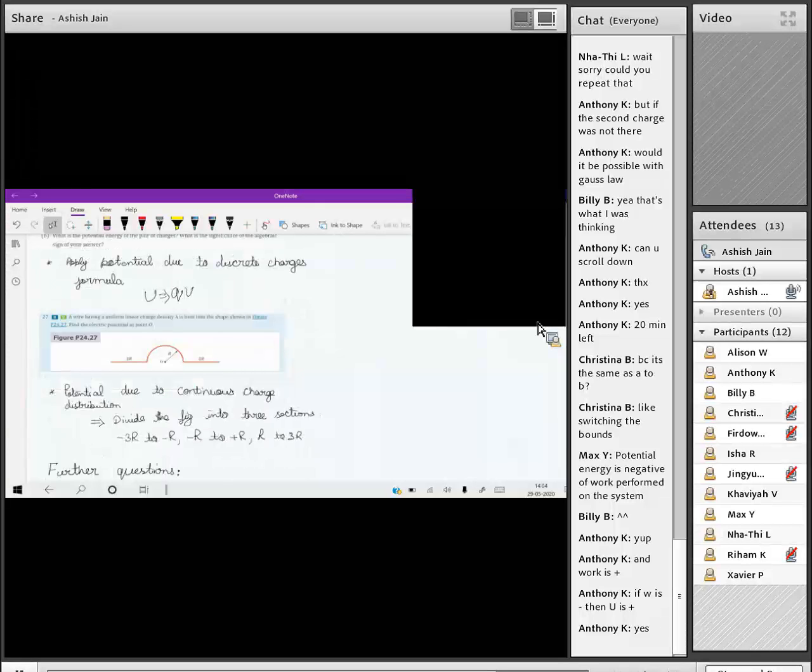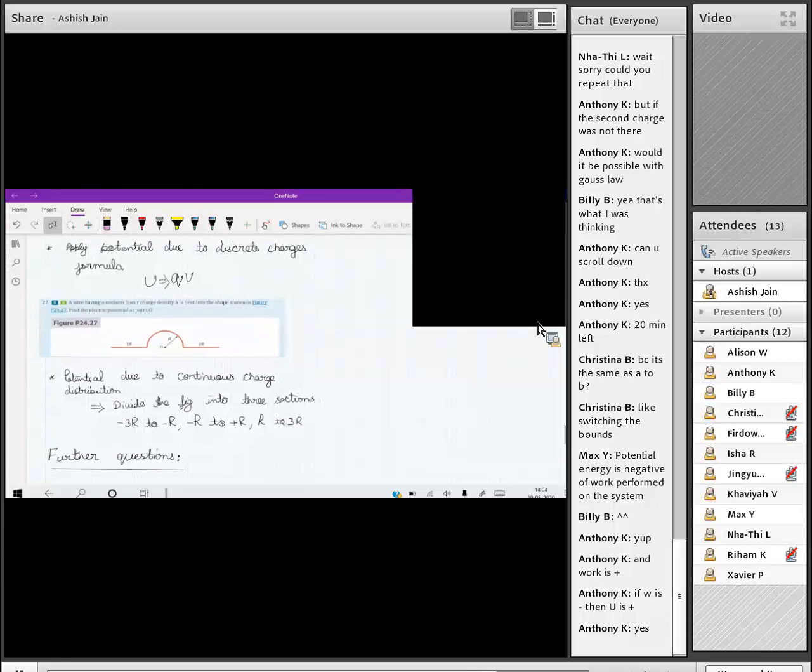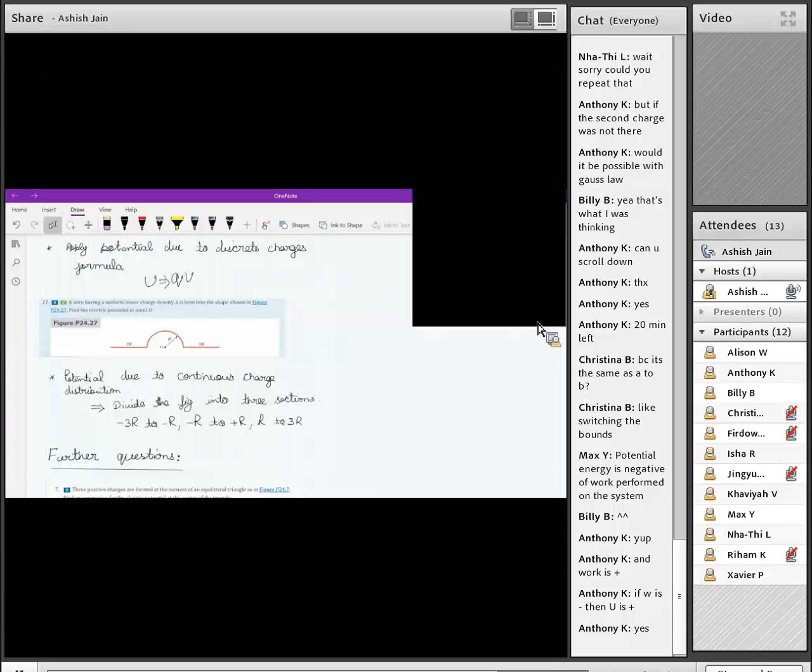Question number 2, what I covered was this wire. Somebody bent it for us. They didn't like us, I guess. Then we had to find the uniform electric potential at point O, that is the origin here, and it is symmetrically placed around the origin, so that makes our life easier.